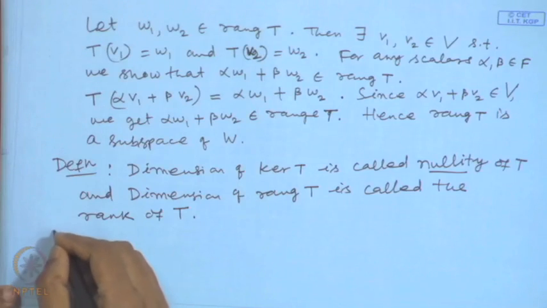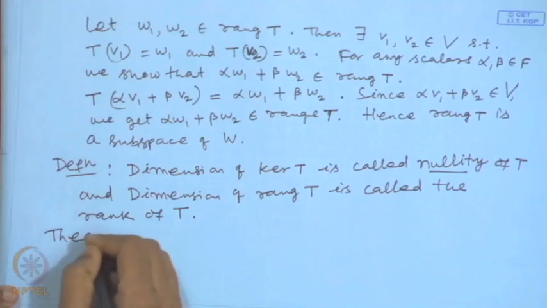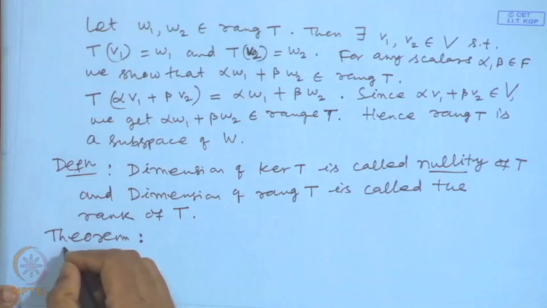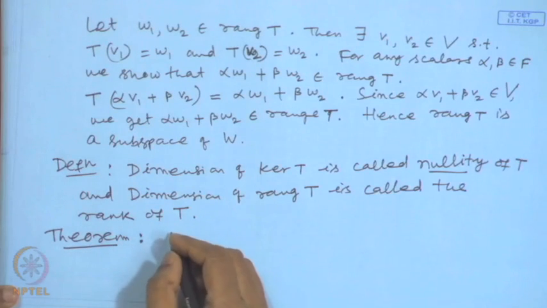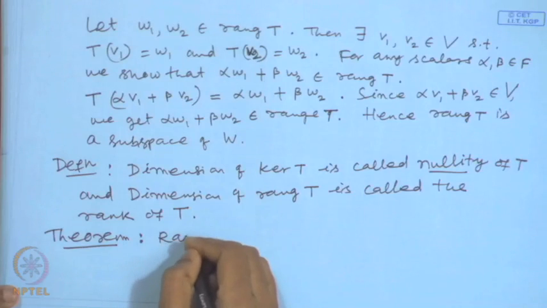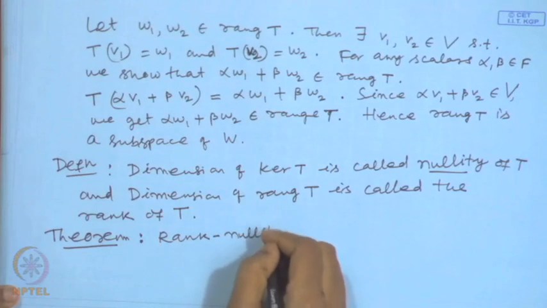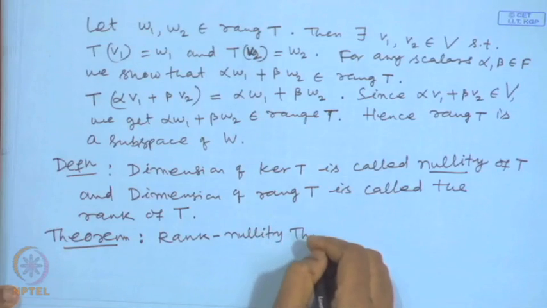Of course, the dimension of the vector space has to be finite. That result is known as the rank nullity theorem, a very famous theorem.